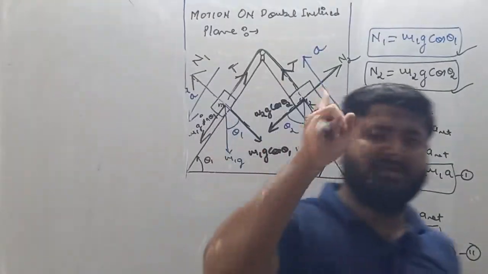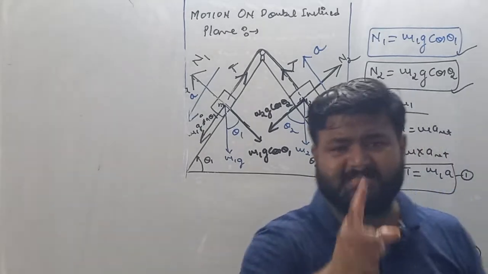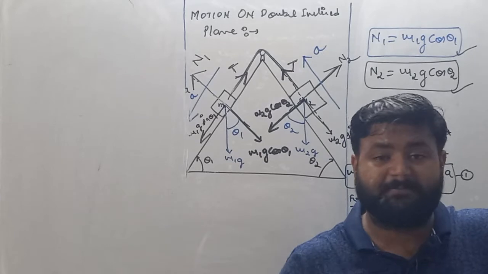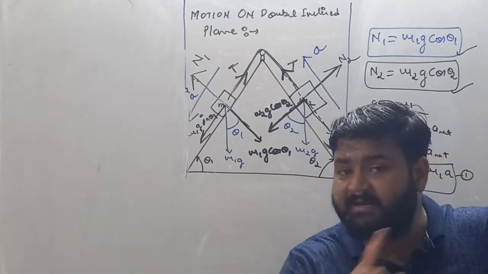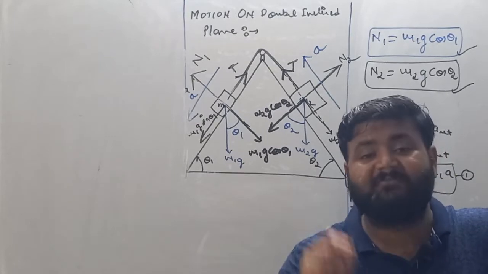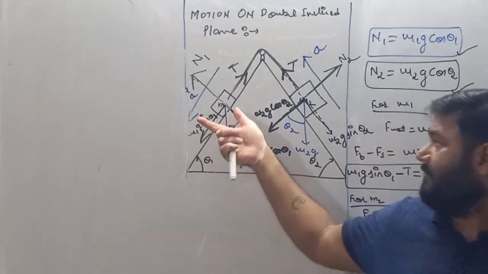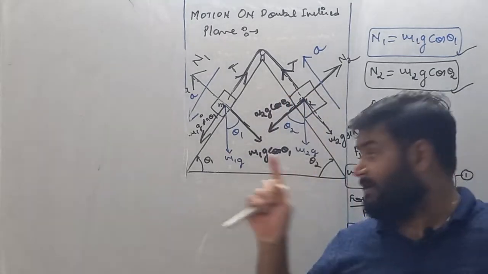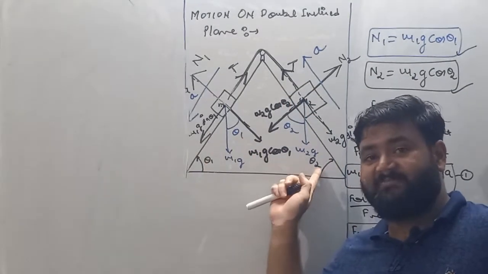So remember, understand this thing, fix it in your mind. If a double inclined plane is there, I am repeating once again, then always remember you have to find m sine theta of this block and m sine theta of this block. And remember, theta for both the blocks is different.